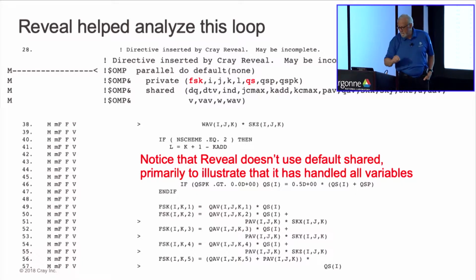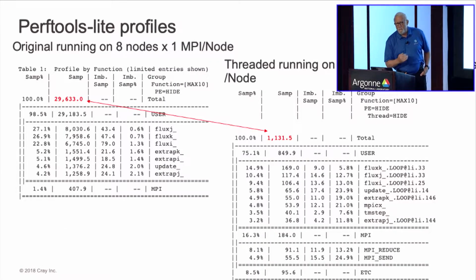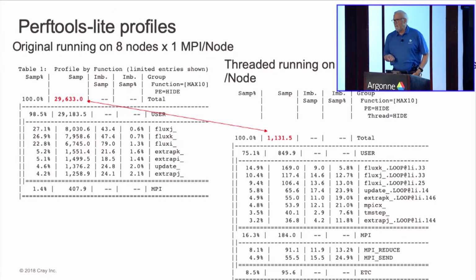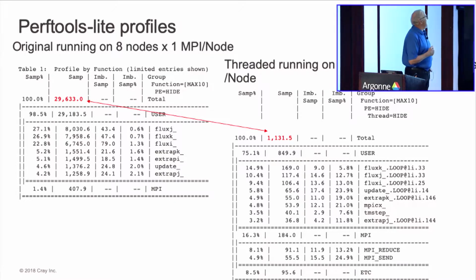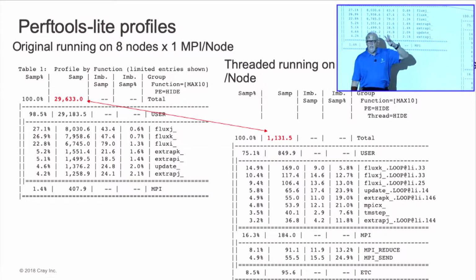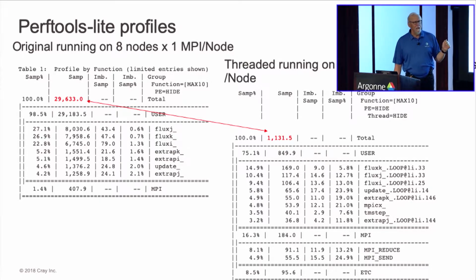All right, so now we run that with Perftools-lite. And lo and behold, we're running 29 times faster on 44 threads. Am I cheating?